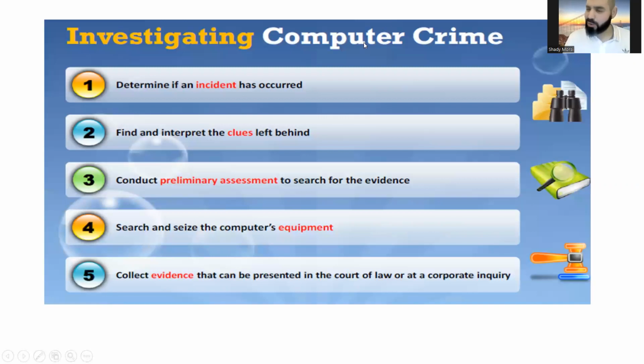So investigating a computer crime, and what is computer crime? Basically, I will explain it later on, but computer crime is any crime that is done by a computer, or with the help of a computer, or where a computer was involved. So if you used your computer to hack someone, then the computer was really the main tool you used for a crime.